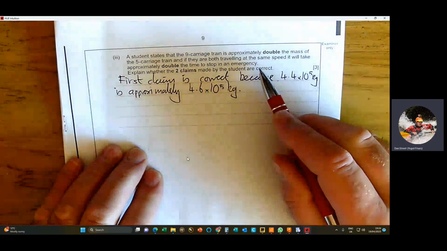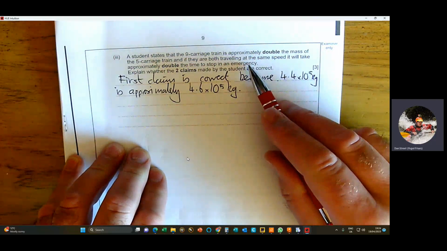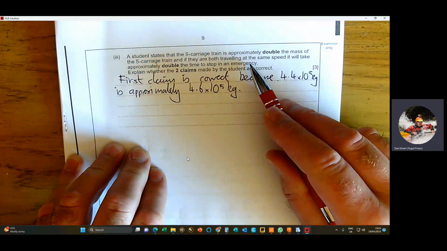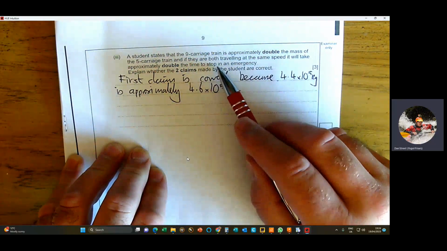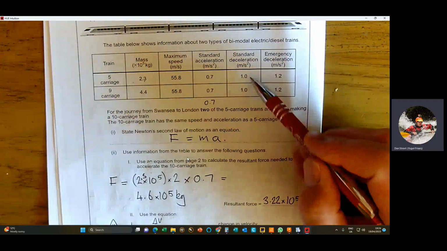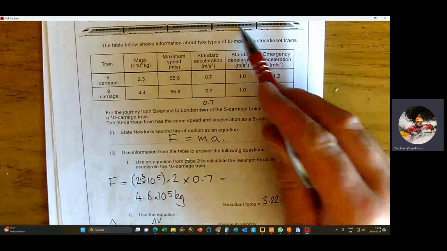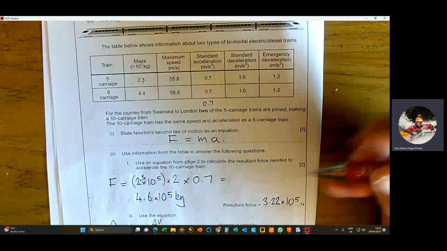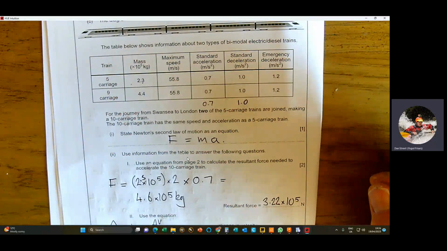However, for his second statement, we need to refer back to the table. He's saying that a train that's double the mass will take double the time. But as we established before, the deceleration of these two trains, 5 and 9, are the same due to the fact that all the carriages have brakes, and we can pretty much assume that the deceleration of the 10-carriage train is also going to be 1 meter per second squared.